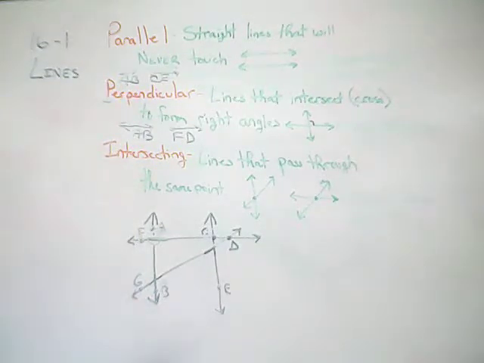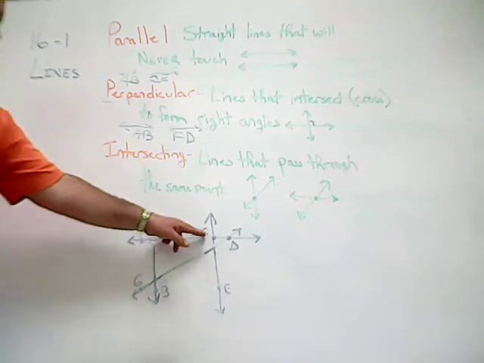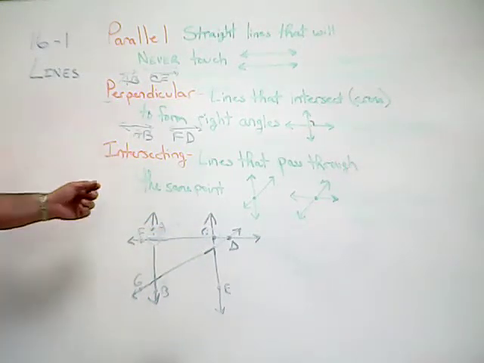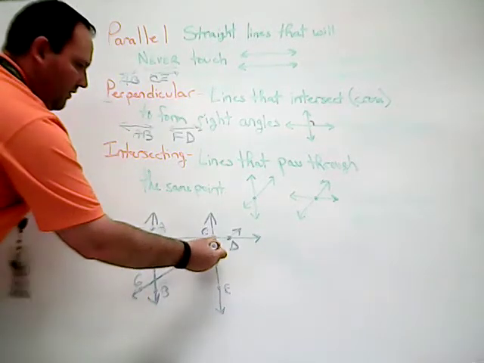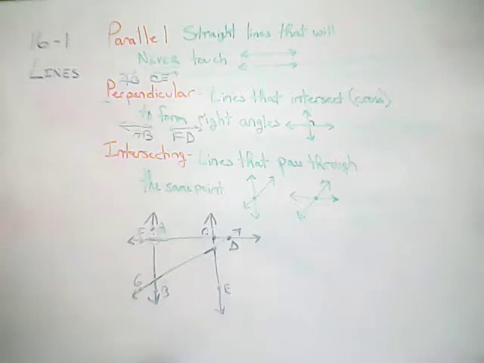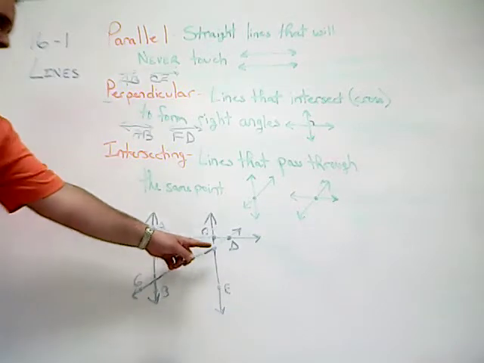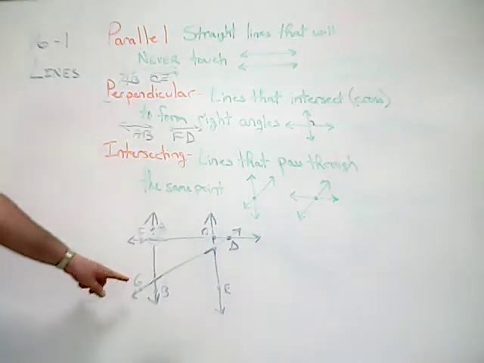Finally, I'd like to find a set of intersecting lines. These are lines that are going to cross over or pass through the same point. Well, these two we said were perpendicular because they form right angles. They cannot also be intersecting. But I have lines that cross right here, at this point, and this point. So an example here could be line AB that intersects with line DG, right here.